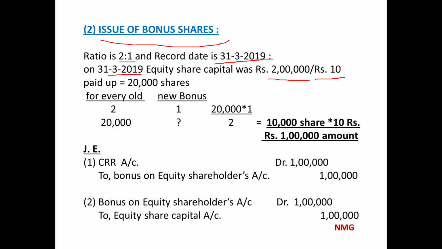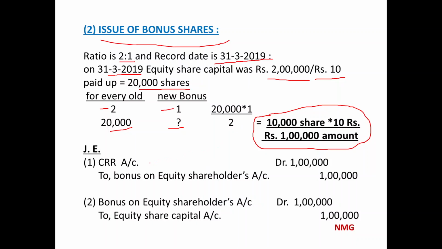So that gives 20,000 equity shares on the record date. Apply the ratio 2:1. For every 2 shares, 1 new bonus will be given. So for 20,000 shares, how many bonus shares would have been given by the company? That gives 10,000 shares of rupees 10 each, and the amount is rupees 1 lakh. So we decided the amount of bonus issue.